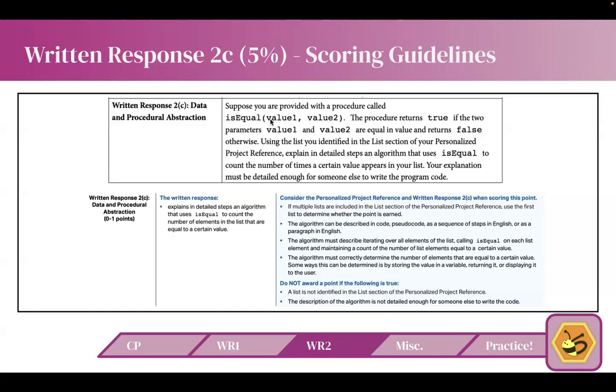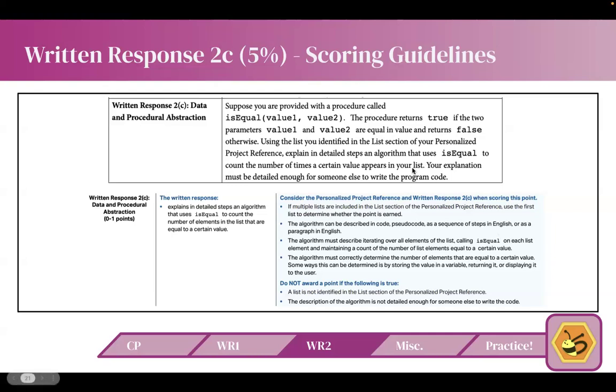So we'd call is equal with the value of our list at that point, comma, whatever value we're checking for. If that returns true, then we increase our counter, because we want to add 1 to the number of times we hit this being equal. And that's all we need to do. At the end, we can display or return our count, as long as we somehow identify that count. So what Quirrell said is exactly right.